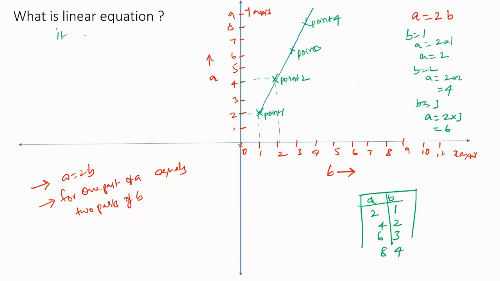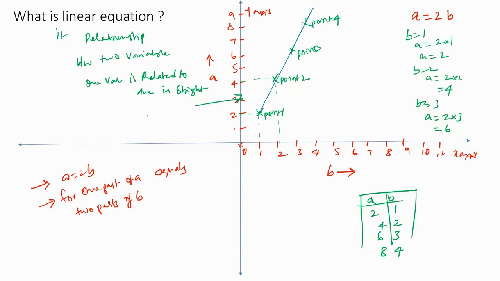If there is a relationship between two variables, like one variable is related to the other in a straight line. Based on this result of whatever we drew here, we came to know that the value of a is varying with the value of b in a straight line. So this entire process, why I'm explaining, is that if any variables are related in a straight line, those equations are called linear equations.